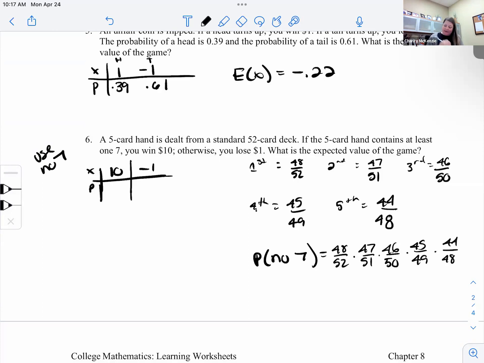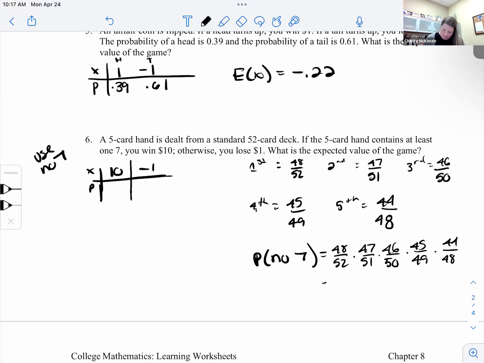So I got to put that in my calculator. 48 divided by 52 times 47 divided by 51, times 46 divided by 50 times 45 divided by 49 times 44 divided by 48.